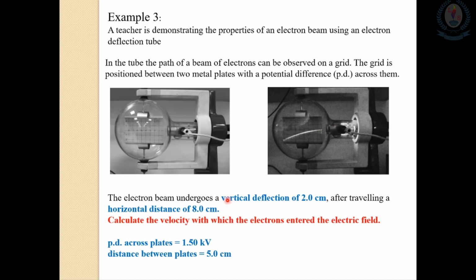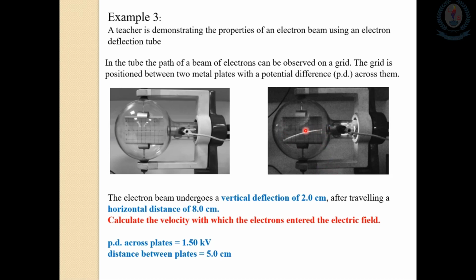The electron beam undergoes a vertical deflection. Now here it is, if it were undeflected, then this would be path A. So there is a vertical displacement of 2 centimeters after traveling a horizontal distance of 8 centimeters.